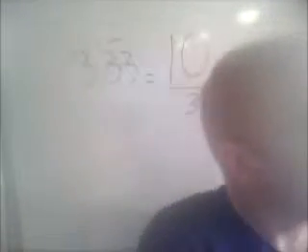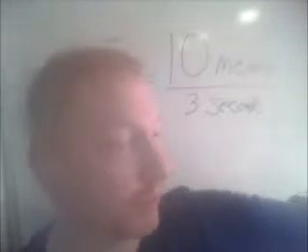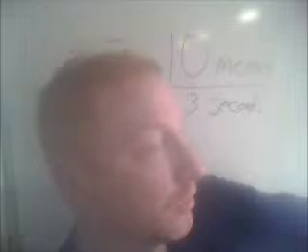Problem 2. At this rate, how long does it take her to walk 100 meters? Okay, well that's easy. We've got the rate. So now all we have to do is figure out how long it would take at that rate for her to walk 100 meters.